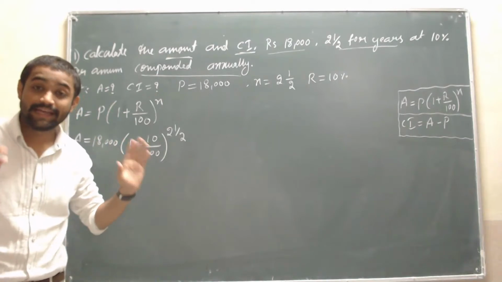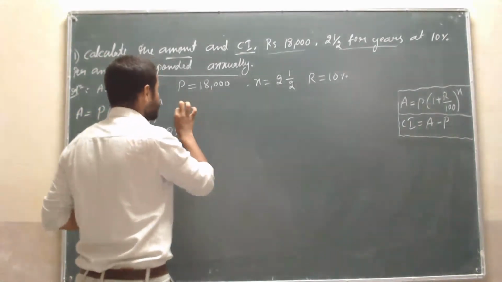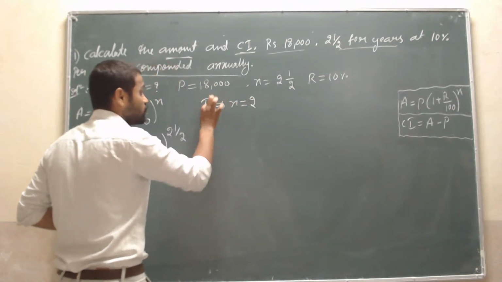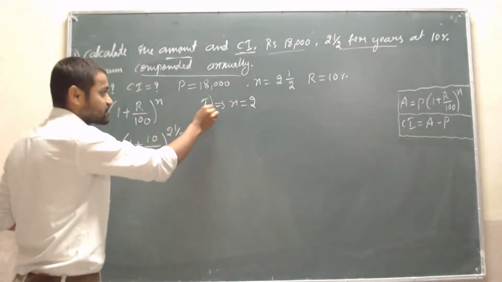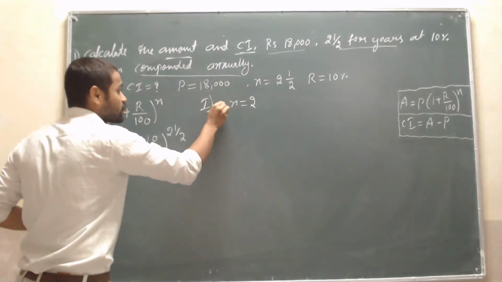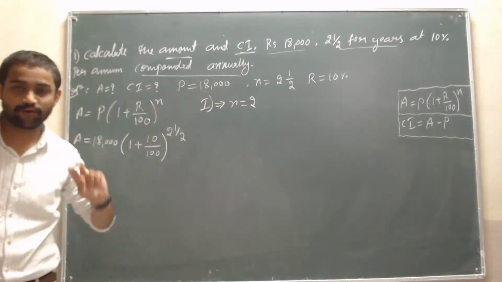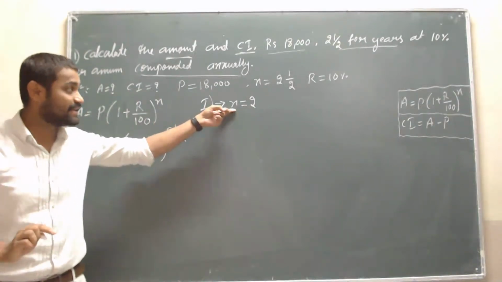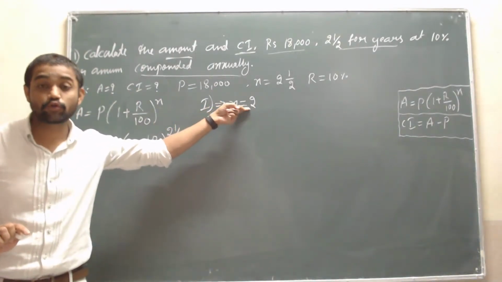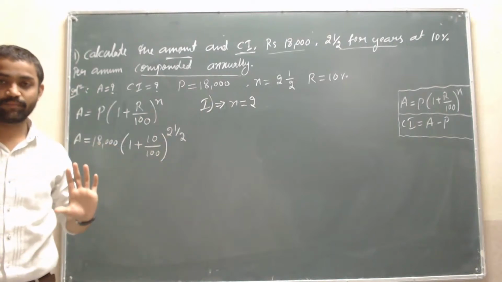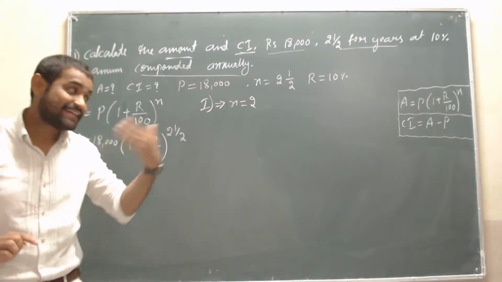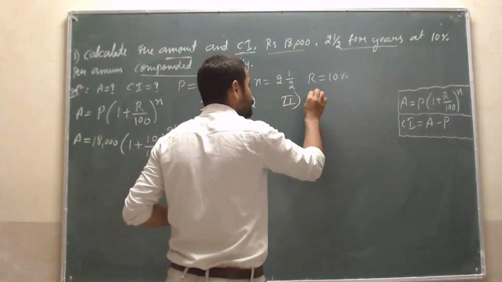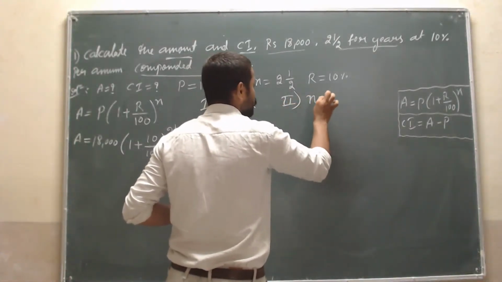That's why we first take n is equal to 2, that is, find the CI for 2 years. Hint, I am giving a hint: first n is equal to 2, then for the half year, that is n is equal to half year.